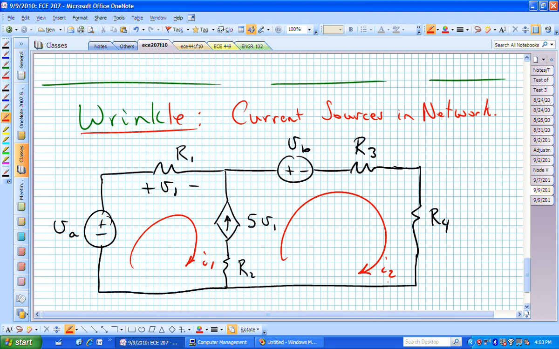Wait, what do I do with the voltage drop across the current source? I don't know how to do that. I can't do that because it's not a resistor. If that was a resistor, instead of the dependent current source, I could solve that problem. But now I can't do that, and it would be in both meshes.